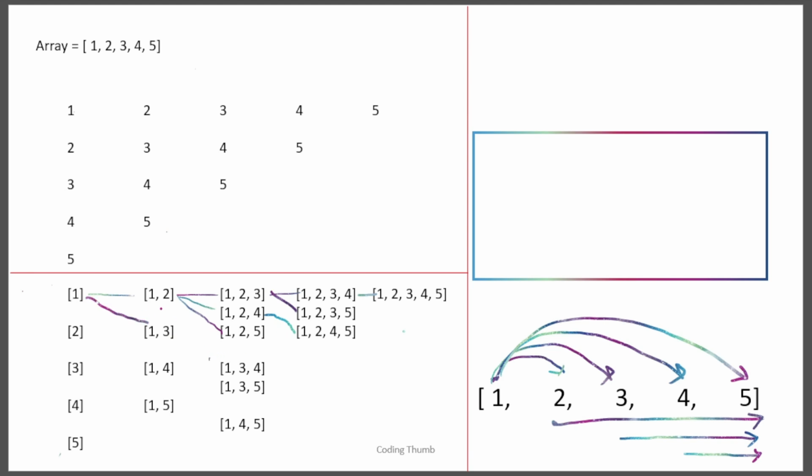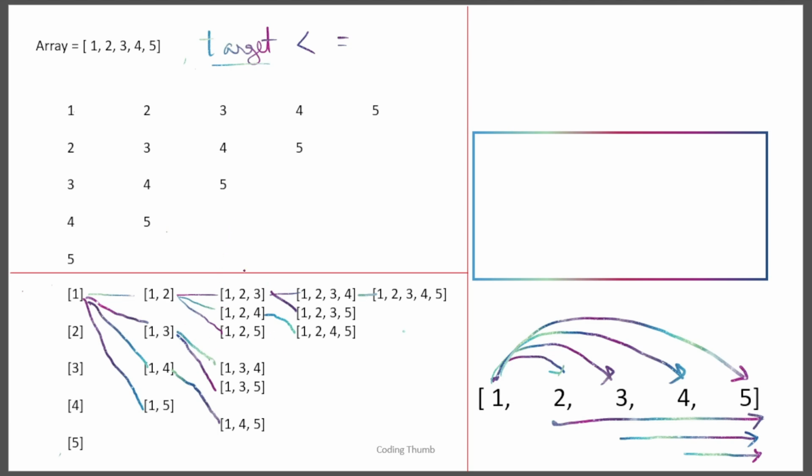And 1 to 3 can create 1, 3, 4, 1, 3, 5. 1 to 4 can create 1 to 4, and just 1 and 5. So as we are creating each of these different paths, we can check if a given target is less than or equal to the sum of the current path we have, then we find our answer. We'll look at that a little later.